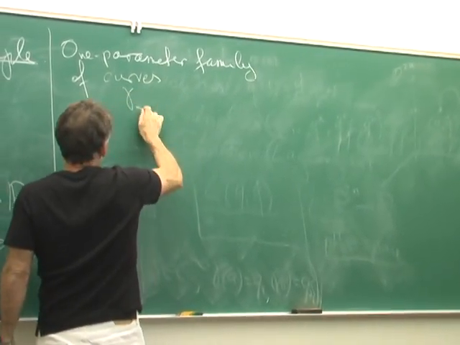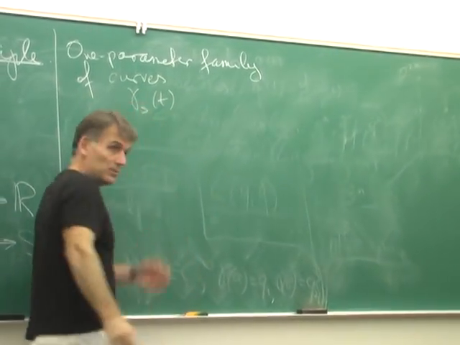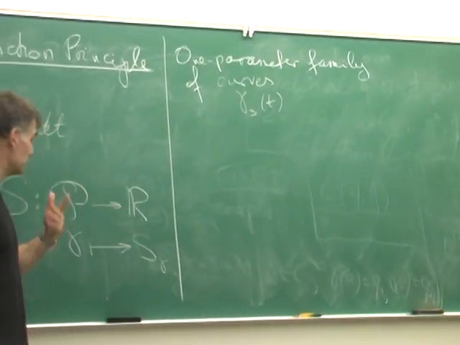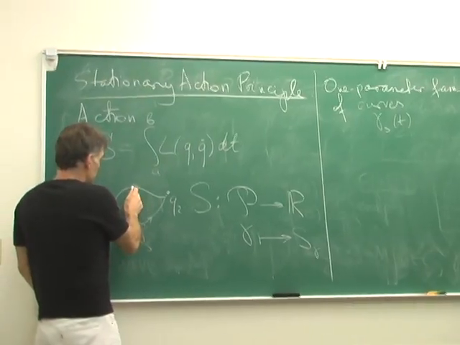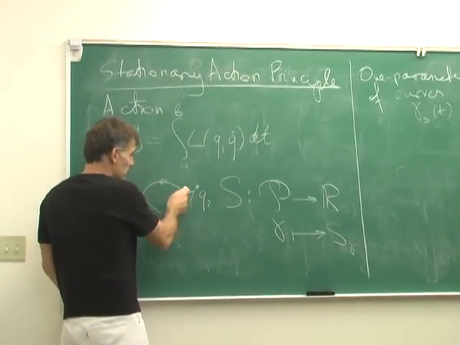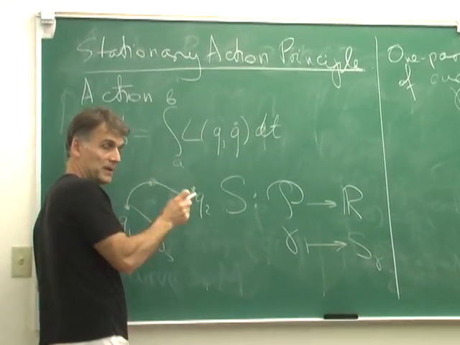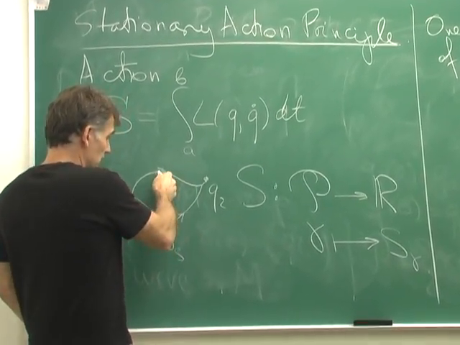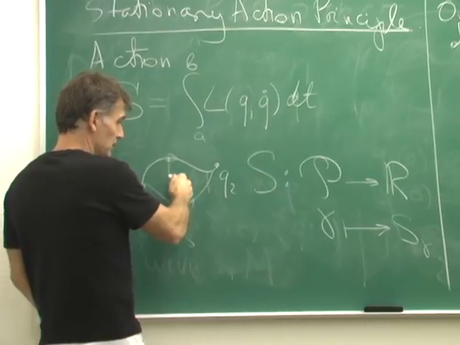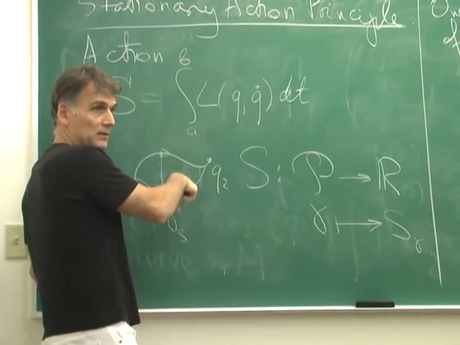So basically gamma s of t. So there are two parameters in general, right? One is when you change t, it moves along a given trajectory with fixed s. When you fix t and change s, then you move from one trajectory to another.